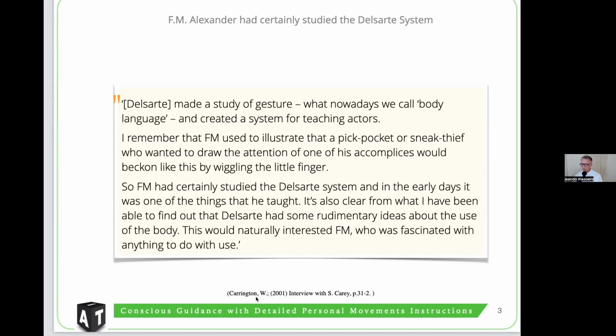But the conclusion is quite interesting. FM, that stands for Frederick Matthias Alexander, had certainly studied the Delsarte system, and in the early days it was one of the things that he taught. It's also clear from what I have been able to find out that Delsarte had some rudimentary ideas about the use of the body.